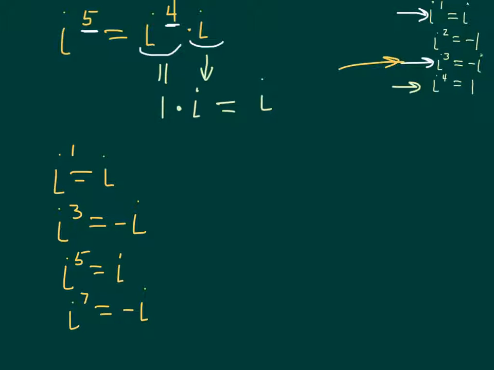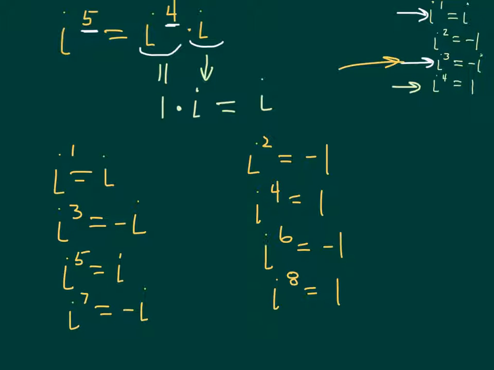Okay? So similarly, we have the same thing with our even exponents, in that we have i squared equals negative 1, i to the 4th equals positive 1, i to the 6th, if we worked it out, would be negative 1, i to the 8th, if we worked it out, would be positive 1, and so forth.